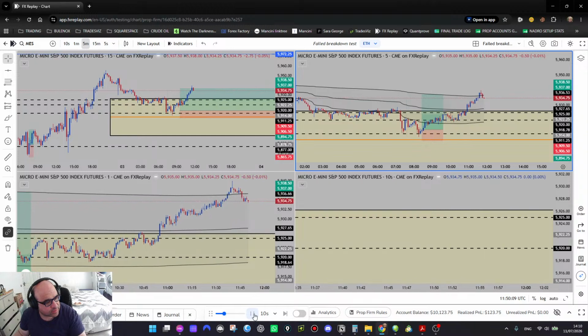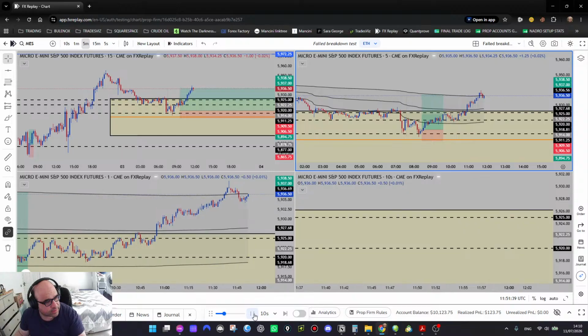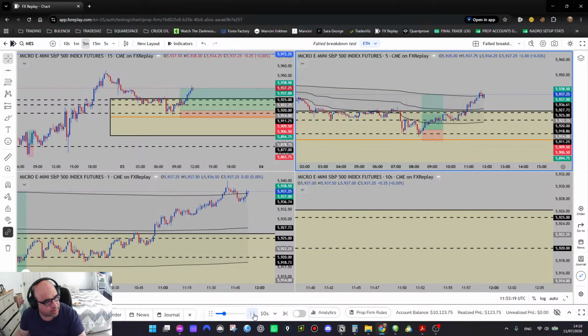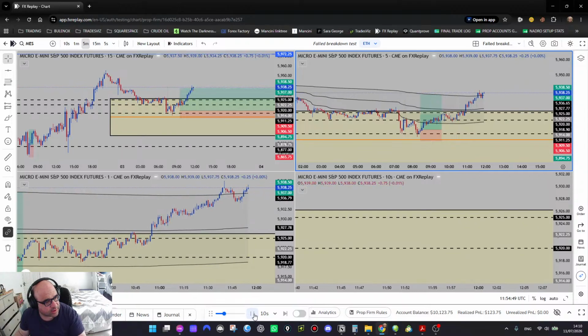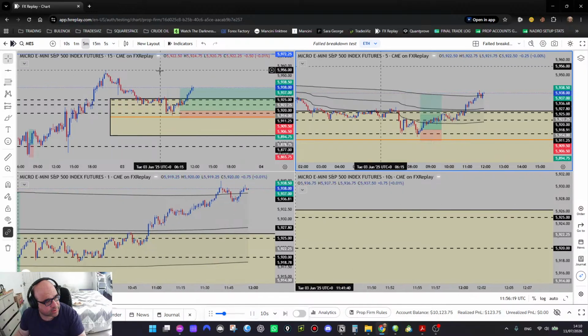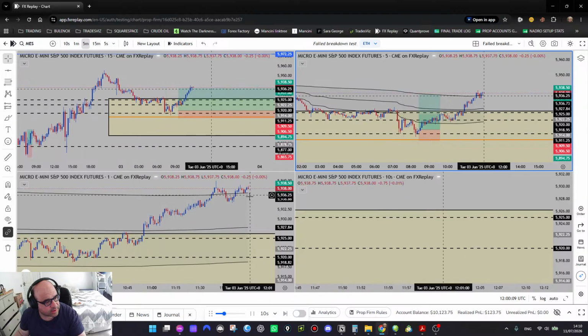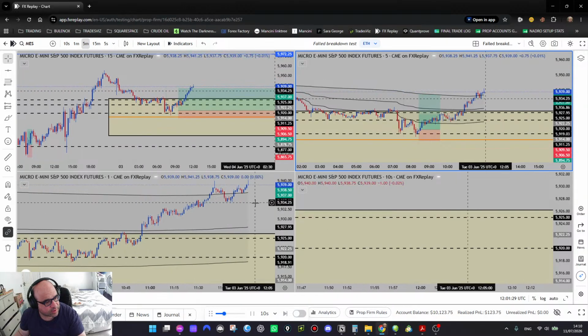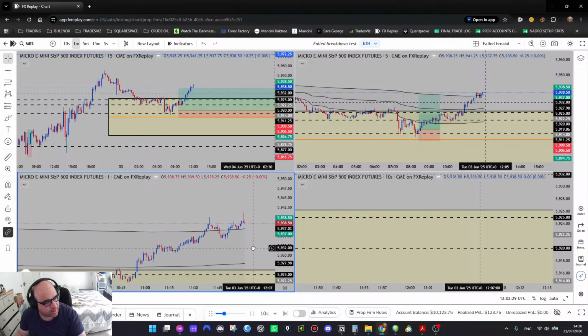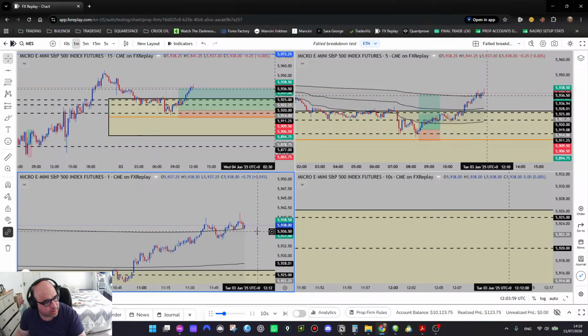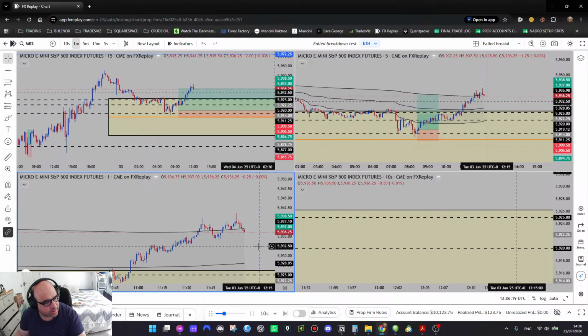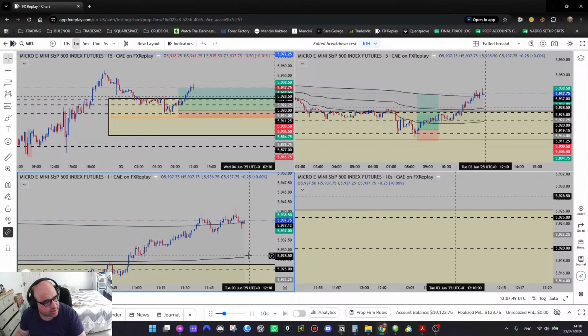If it actually broke the DVA high or not. I suspect it can easily go and test these highs. Yeah, we can see that it tries to stay above the DVA high. We may see a pullback.